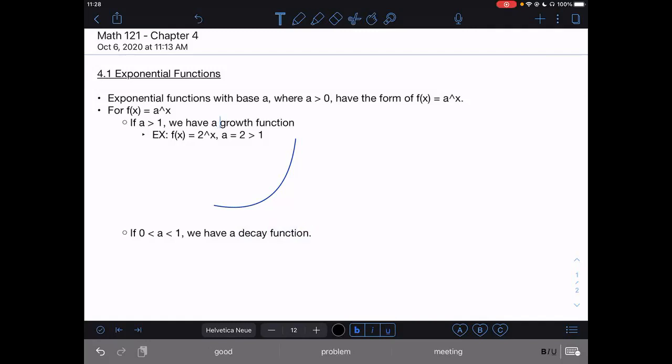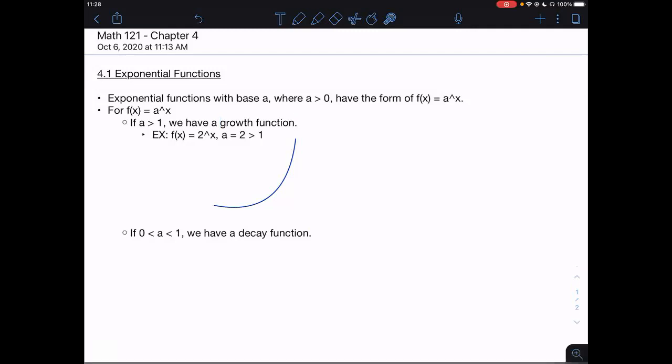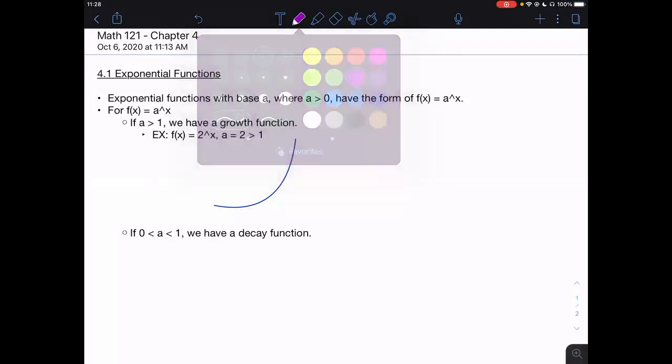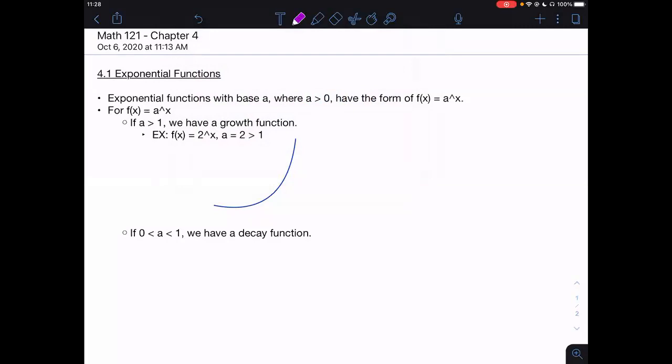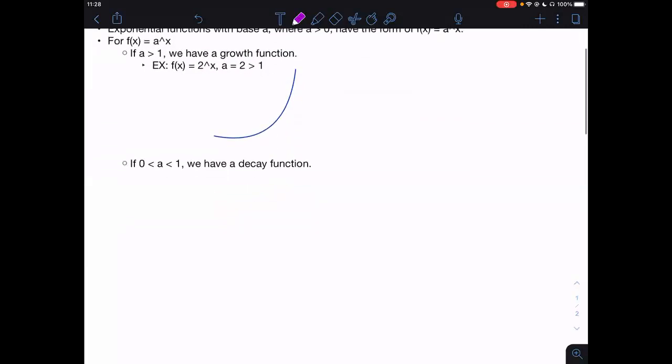A decay function is pretty much the reciprocal of what we see in this type of curve. So instead of our function exponentially growing as x gets bigger, our function will be exponentially decaying, getting smaller and smaller as x gets bigger and bigger, and usually has a downwards curve like this.